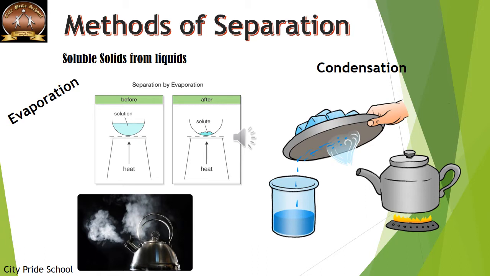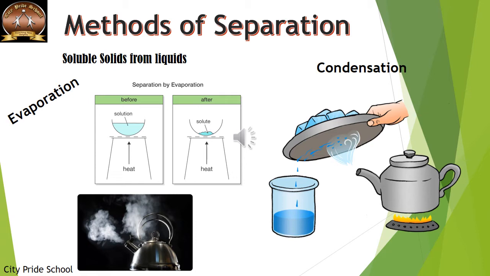Okay. Even there is another picture here showing evaporation. There is something very common when you see water vapor rising from any material, any water that you are heating. This water vapor is rising because of the process of evaporation, where water changes into its vapor state. So the water has changed to vapor state and what is left is only the solute.